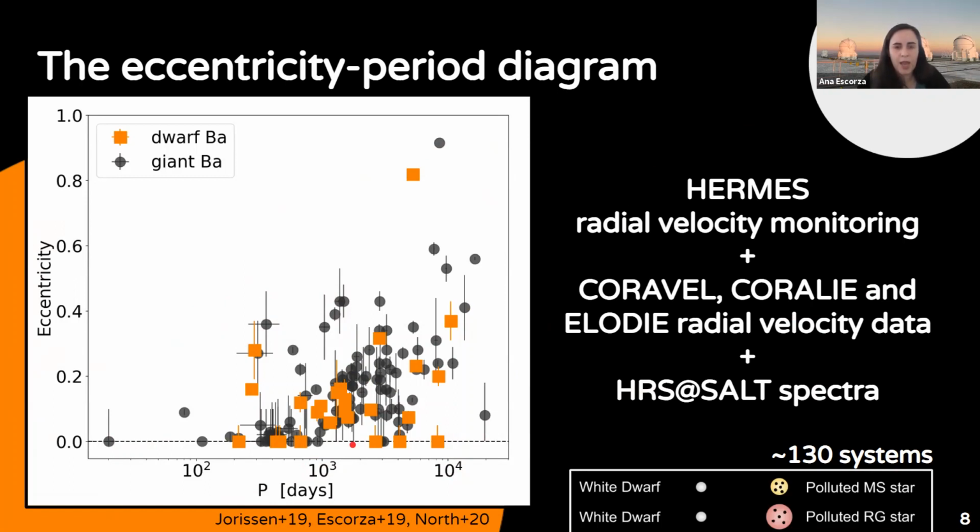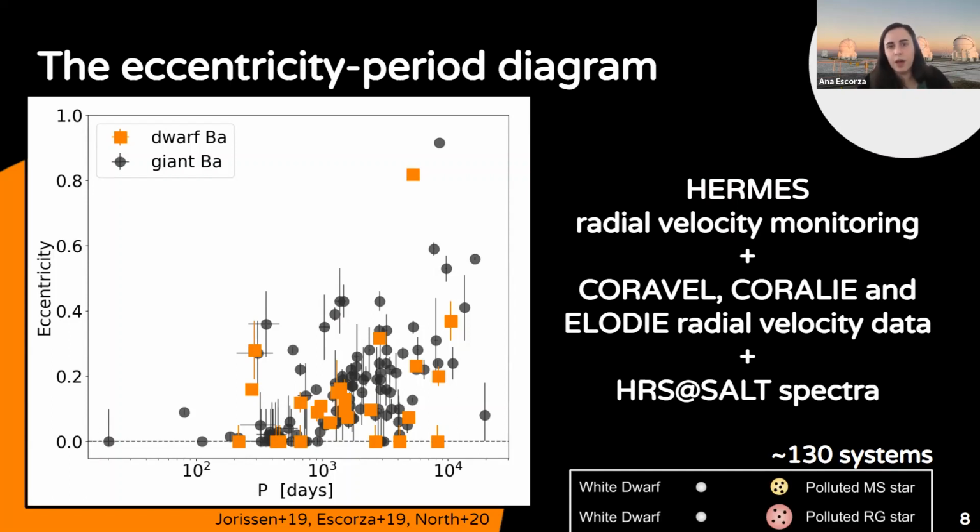I mentioned before that one of the biggest questions concerning Barium stars were the orbital parameters, how the mass transfer takes place and how that shapes the orbital parameters of these systems.